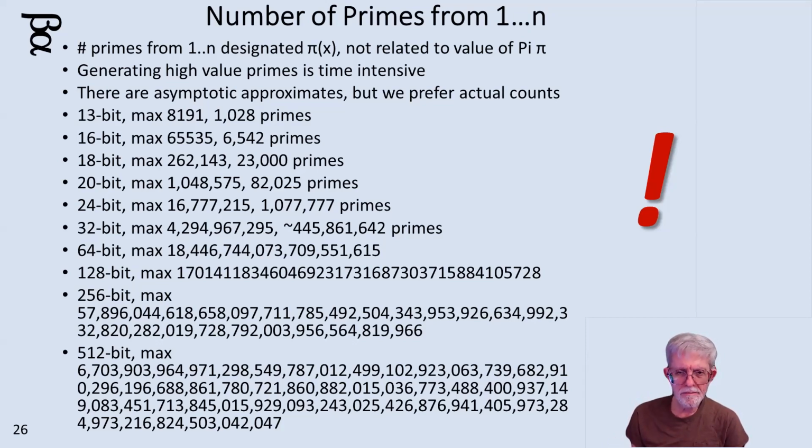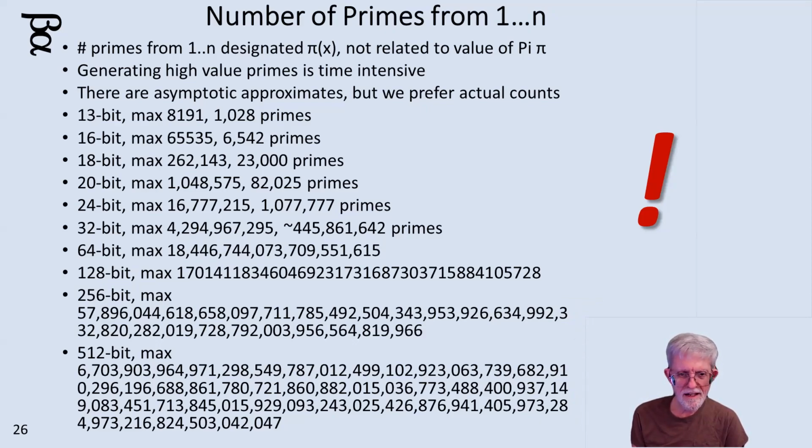There is a natural logarithm formula for calculating these that's quick. The problem is it's approximate. When you start out at a certain level, as it gets to bigger and bigger numbers, it gets off by more. So it's an asymptotic approximation. But I prefer to have the actual count, so I calculated out the numbers of primes.